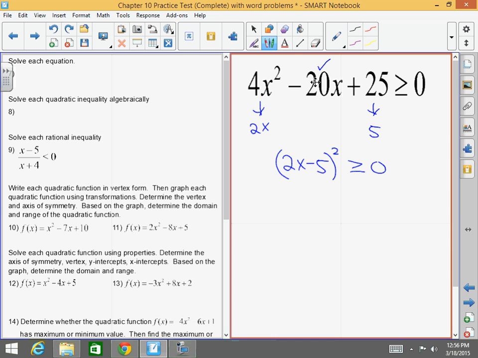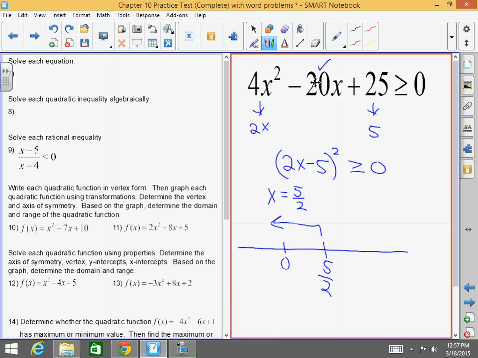So we got to solve for x here. X is going to equal 5 halves. We have to do a little test value, guys. 5 halves. Okay. It's either going to be to the left, to the right, or neither, right? So let's go to the left.